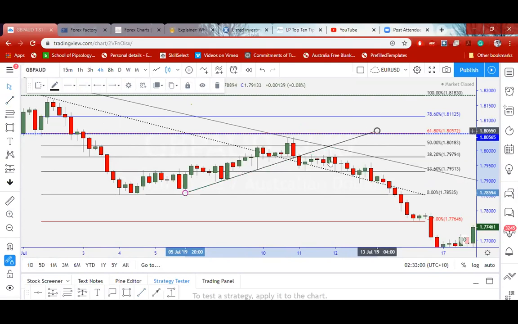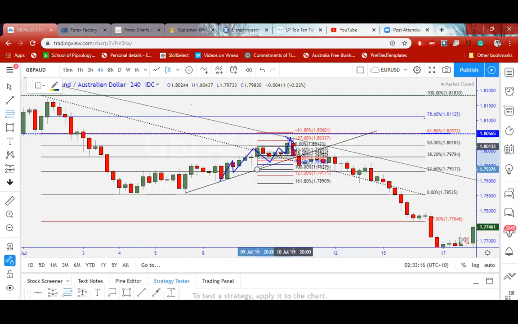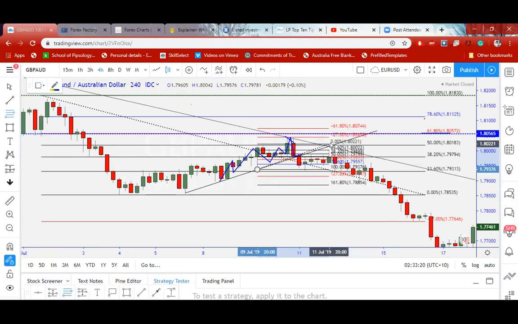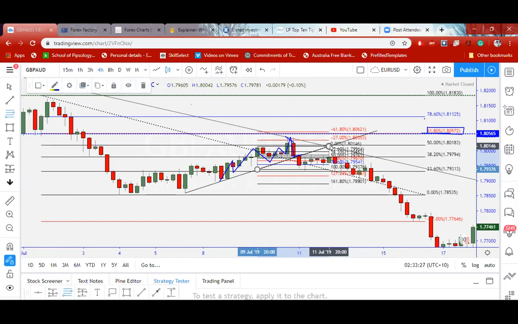Head and shoulders, yes, also. And Fibonacci: up, down, up, down, up, down, up. So the price was still in the bullish territory. We wait for the 61.80 to tap, but it looks like it doesn't tap, and before it taps, it breaks the trend line. So we know exactly this time we're not waiting anymore for the 61.80 to tap. We want to continue with the right direction before that happens.